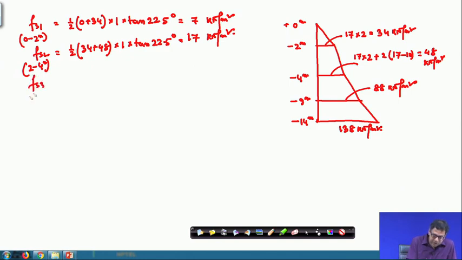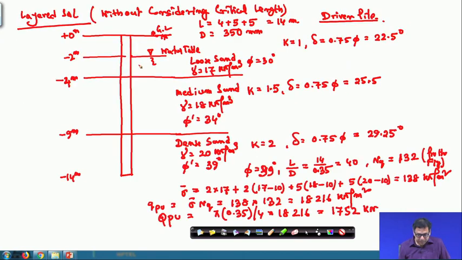Then Fs3 from 4 meter to 9 meter. This is also half of 48 plus 88 average, k value here is 1.5, because 4 to 9 is the second layer where k value is 1.5, and 0 to 2 and 2 to 4 is the first layer where k value is 1.